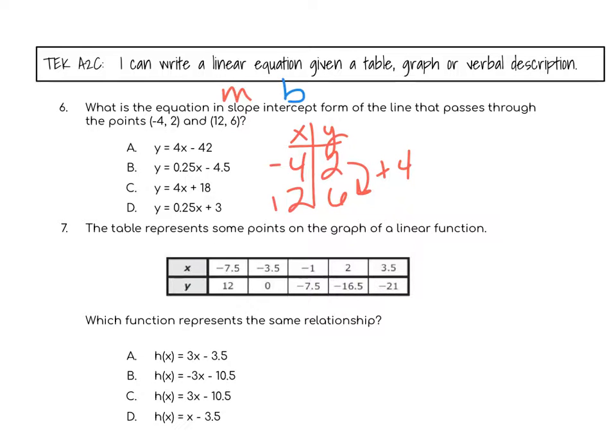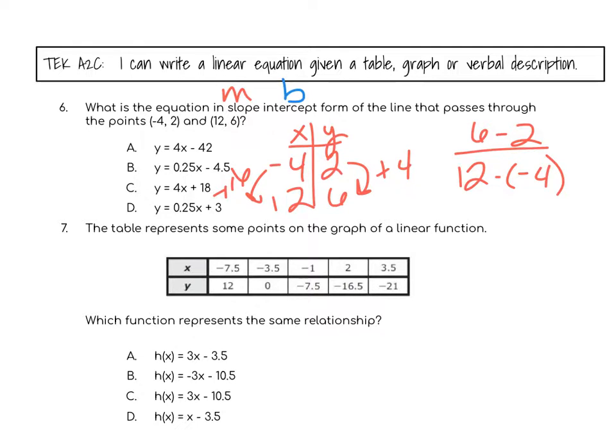So this is 16, not 4. If you do this in a calculator, subtract the x's, subtract your y's in the same order, and hit enter, it would tell you the answer right away.